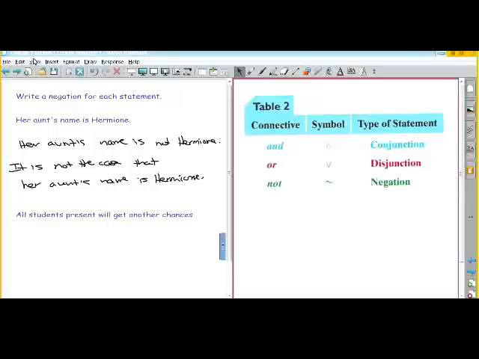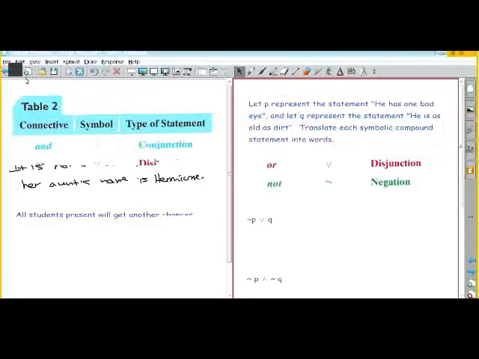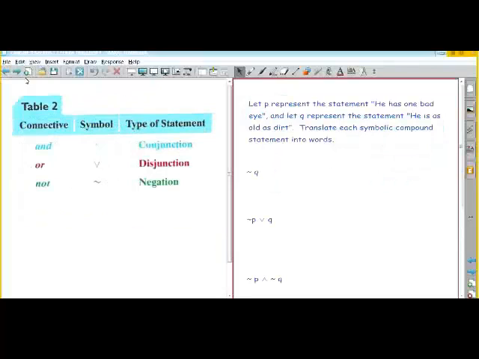So what we're going to do is use letters to represent words, and use symbols to represent these logic operators. Here's a couple examples that you have to do for the first section. First section is pretty easy. The second section gets a lot harder. So enjoy it while it's easy.